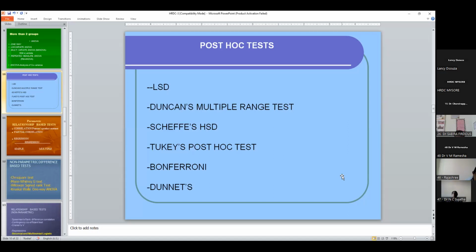It could be LSD, least significant difference, or DMRT, that is Duncan's multiple range test, or Scheffé's test, or Tukey's honestly significant difference post hoc test, or Bonferroni test, or Dunnett's test. These are all the tests which are used in multiple comparisons whenever your F value is significant. So that's the idea where you use the post hoc test, but it will be used only when your F value is significant.